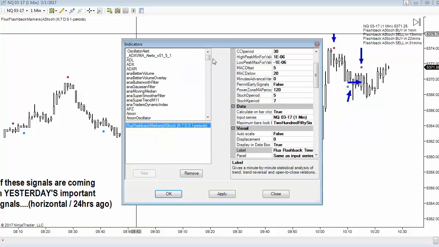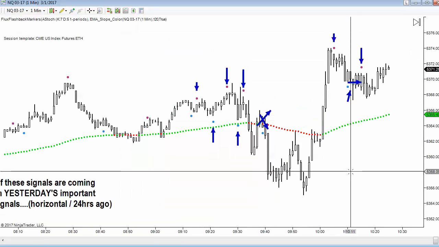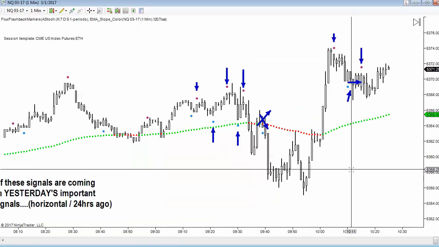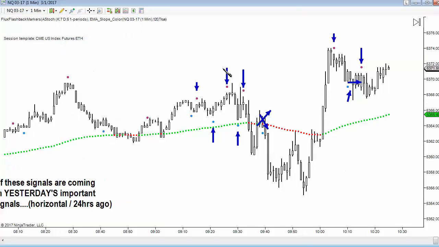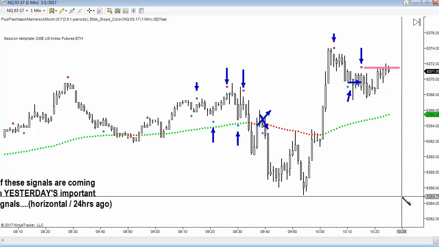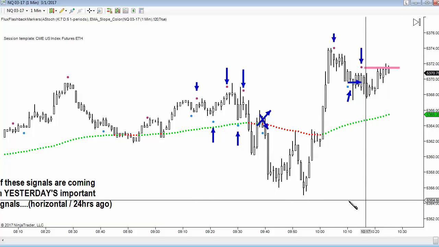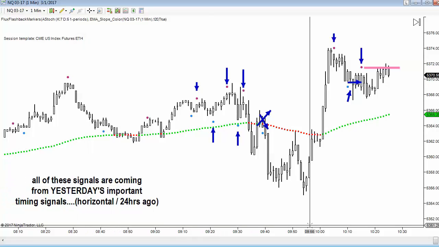If all we had was this to work with, we could still take signals with trend. We could still take the breakouts when we get to the touches of the selling pressure lines, right? All of those same rules are in effect, but we're looking at something that happened yesterday.